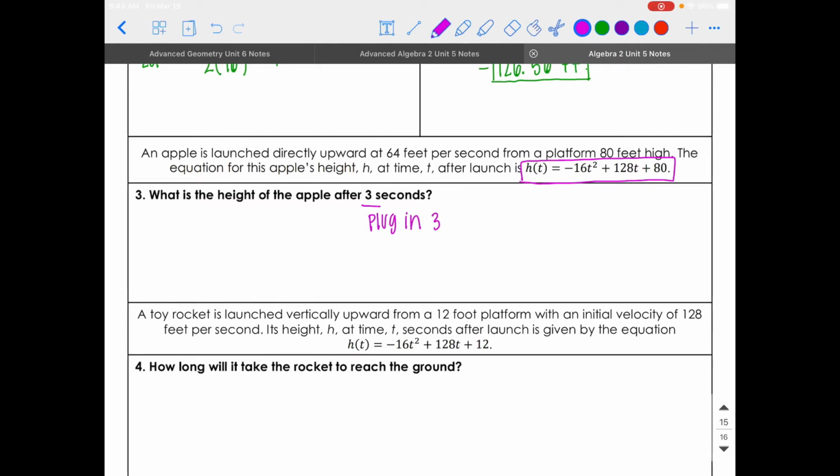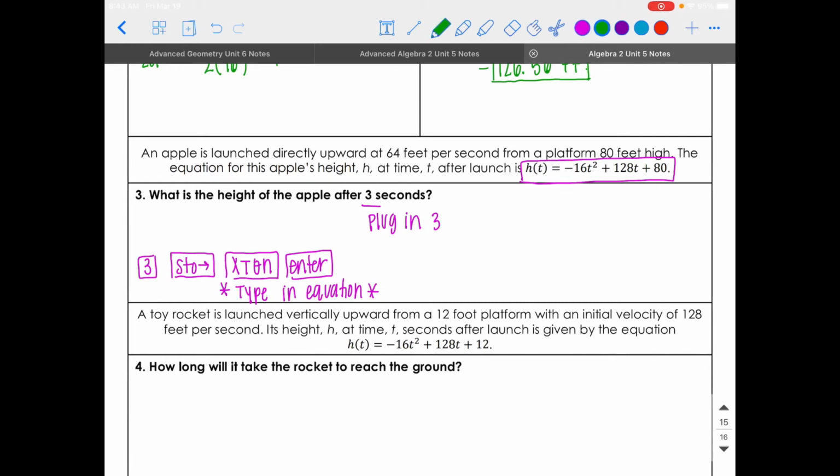I will use the store function again: 3, store it as x, and then hit enter. And then you type in the equation.